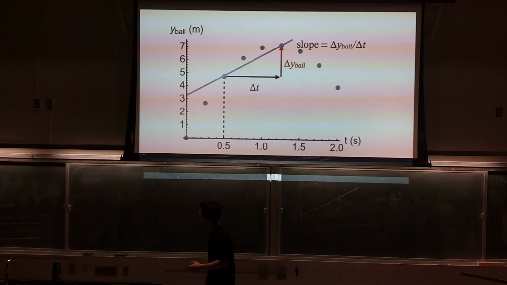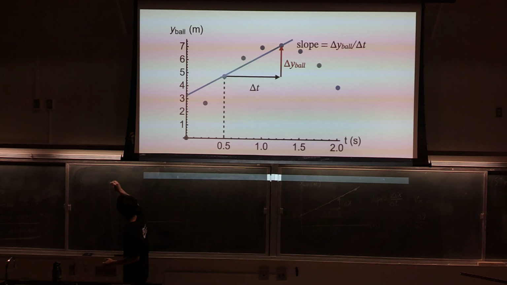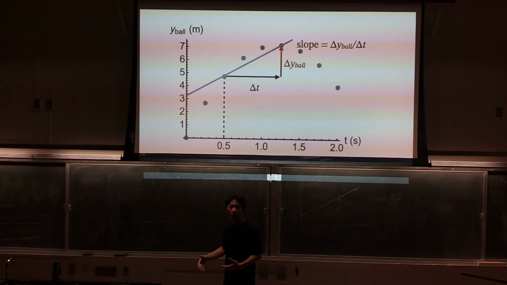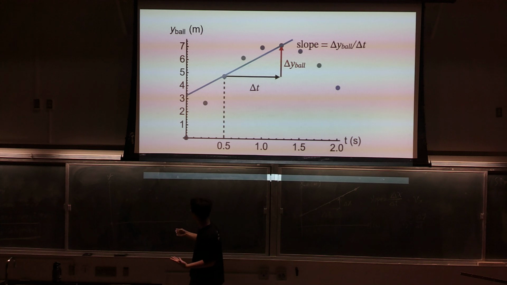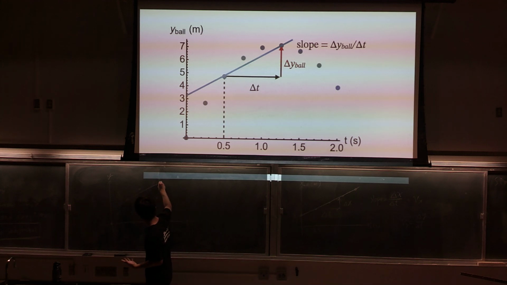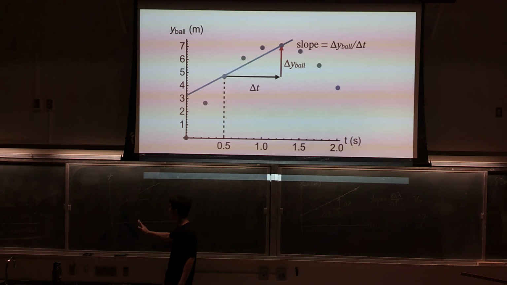The yt graph of the ball looks like this. The y position increases in the beginning and then decreases. So the slope is the increase over the increase of time. If this time corresponds to some time called t1, this one is t2, then the amount of time change is t2 minus t1, right?